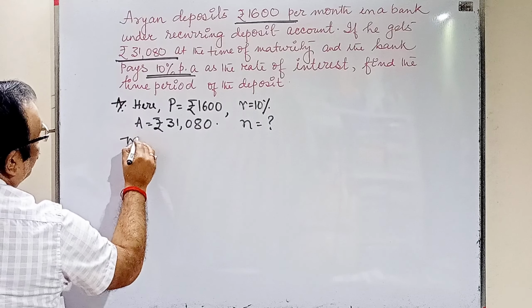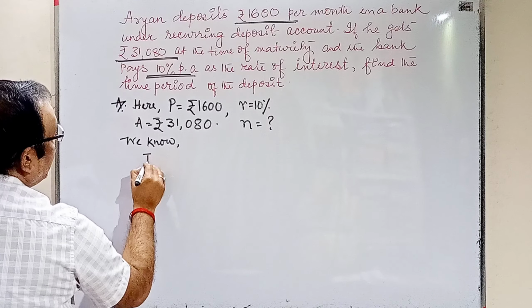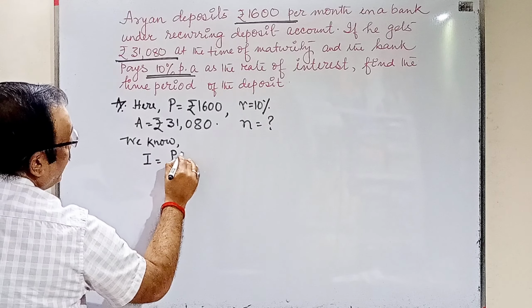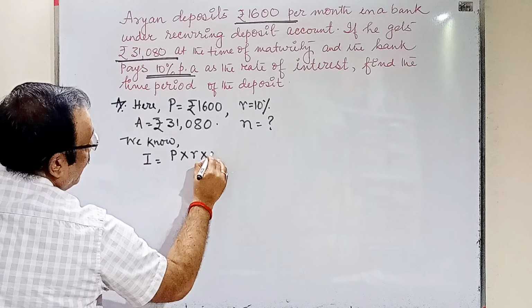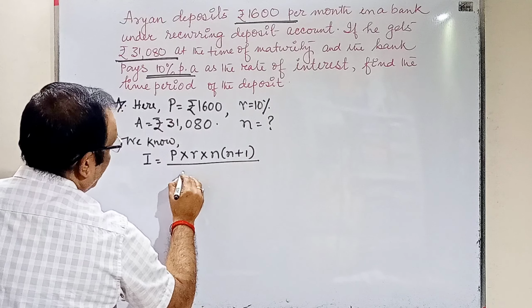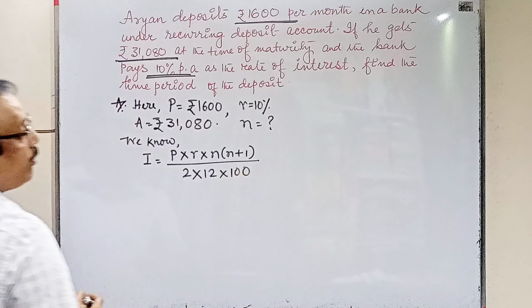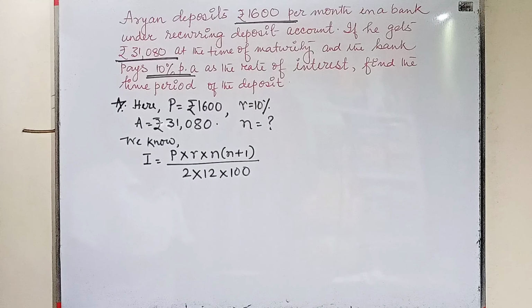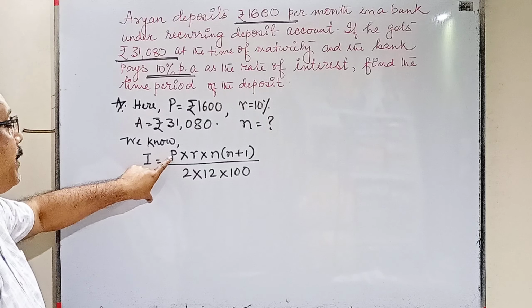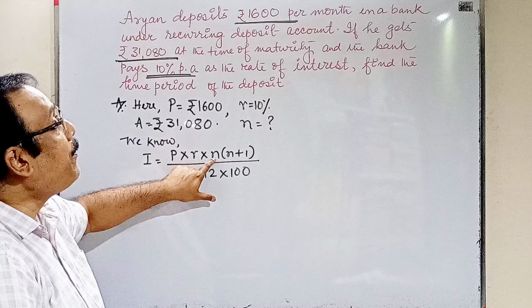Now we know interest is equal to P into R into N into N plus 1 divided by 2 into 12 into 100. That's the formula for finding the interest in case of a recurring deposit, where P is the principal, R is the rate percent per annum, and N is the number of months.